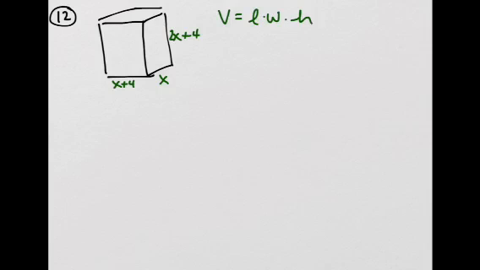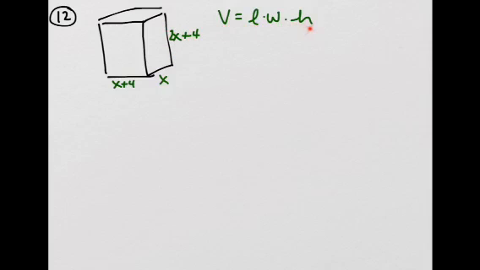So if this is the length right here, the width is 4 inches longer, and then the height is 4 inches taller than twice its length. So the length is x, so 2 times the length plus 4 gives you the height.